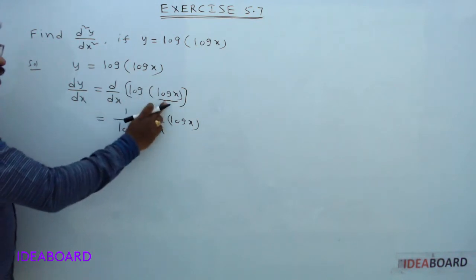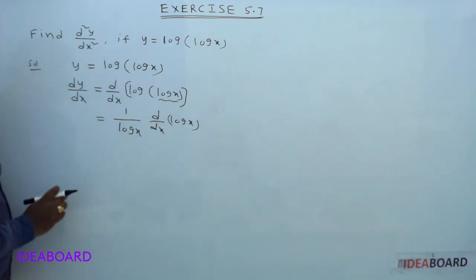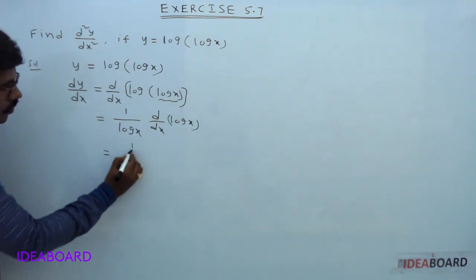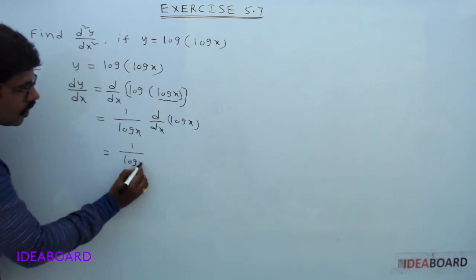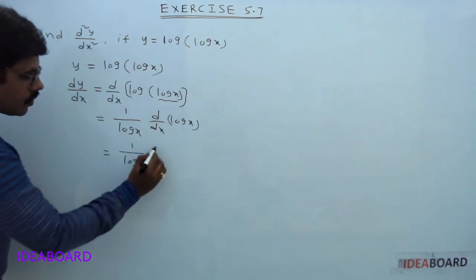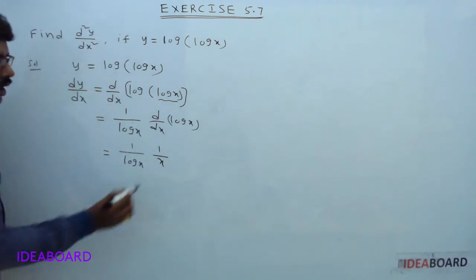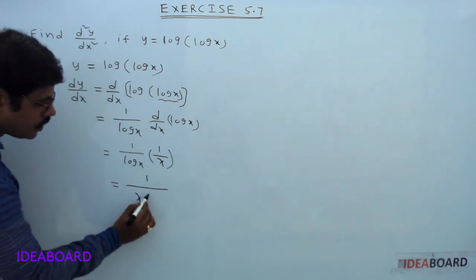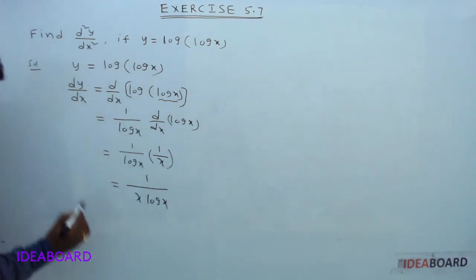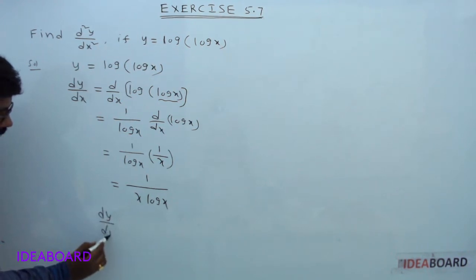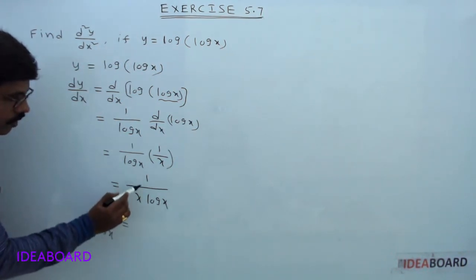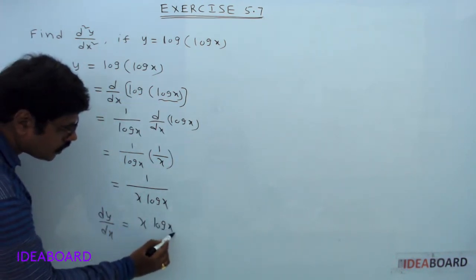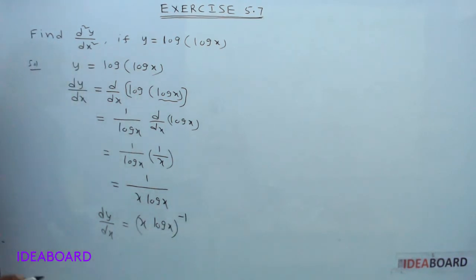So the derivative of log of log x is 1 by log x into the derivative of this log x. Now this equals 1 upon log x into the derivative of log x, which is 1 divided by x. Now this equals 1 divided by x log x. So again dy by dx equals 1 upon x log x, which can be written as (x log x) whole to the power minus 1.